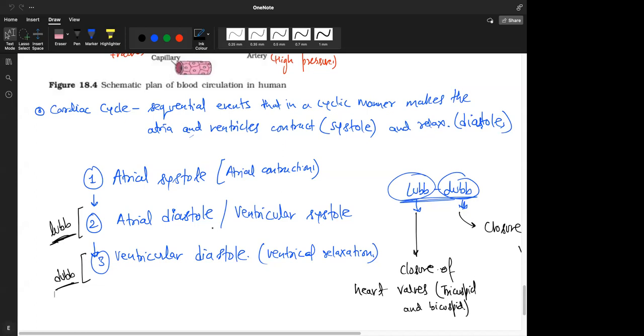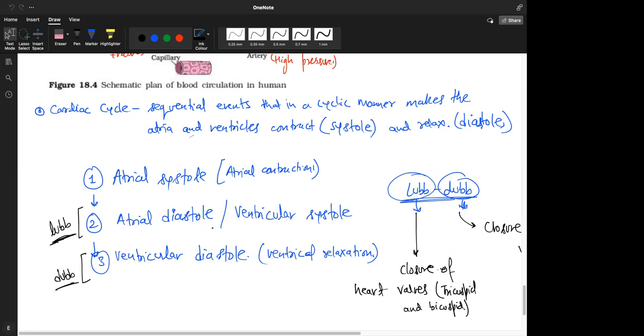Then each stroke volume is around 70 ml. By this you can know that if there is 5 liters of blood in someone's body and the heart is beating 72 beats per minute, and in each beat there is 70 ml of blood, then in 1 minute our heart pumps the whole total amount of blood once through the body.